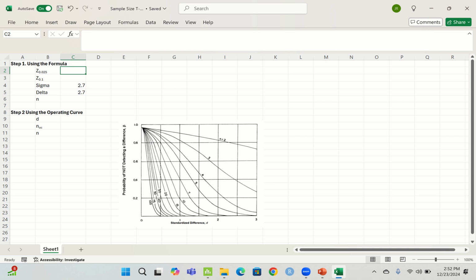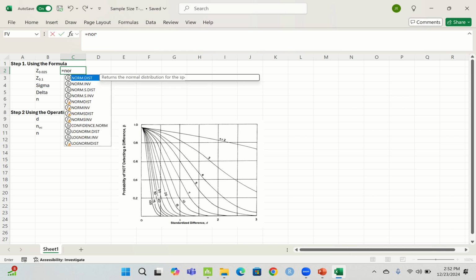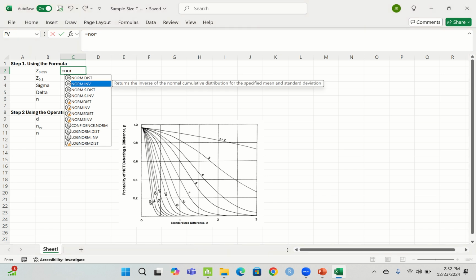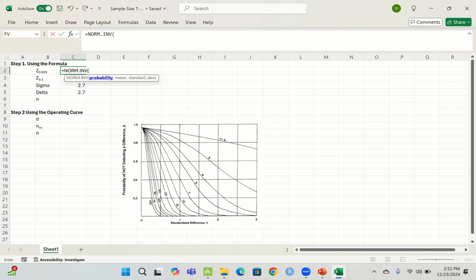In Excel, this is actually very simple. We're going to leverage some of the functions that exist, and z is actually the inverse. So we're going to use NORM.INV. We're going to give it the probability. So we want to know what is accumulated up to 1 minus that z value.